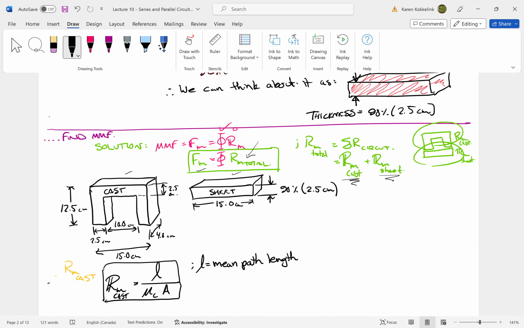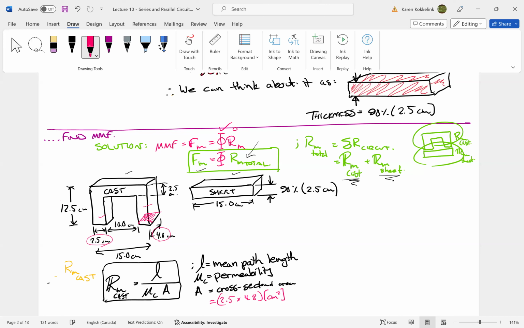It is going to be just the cross-section of the bottom here. If I were to look at what this cross-section is, 4.8 centimeters is the length, and the width is 2.5 centimeters. I'm assuming it's the same here and here. So that would be 2.5 times 4.8 centimeters squared.